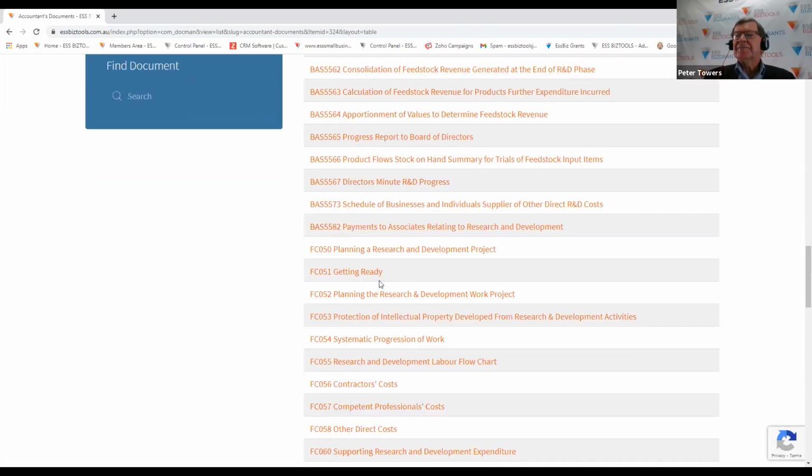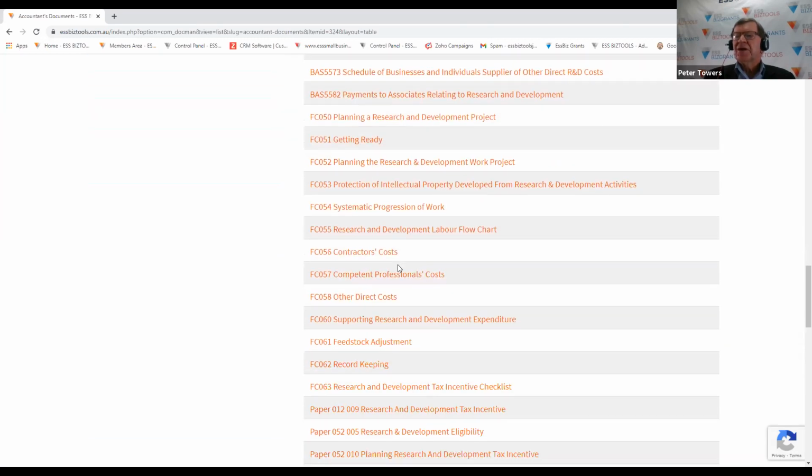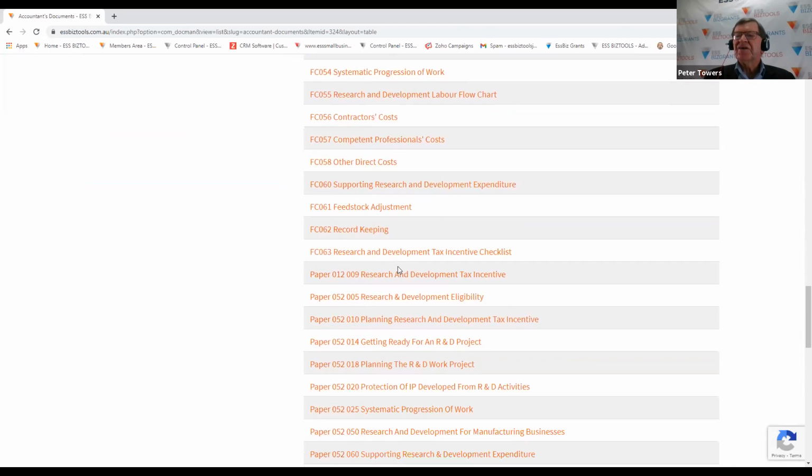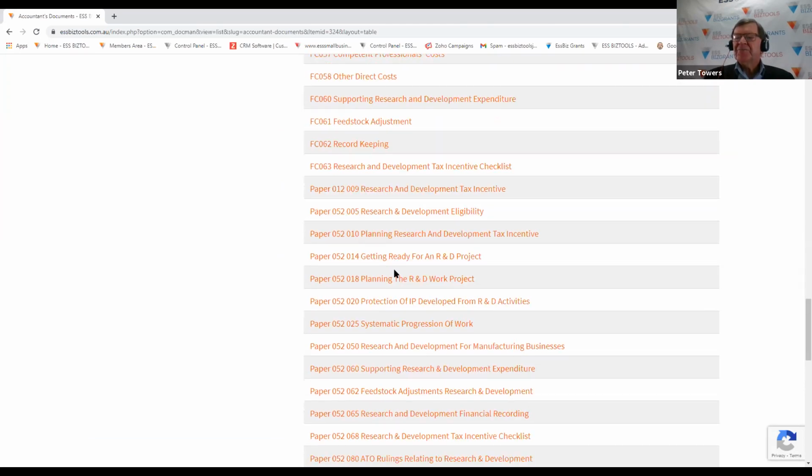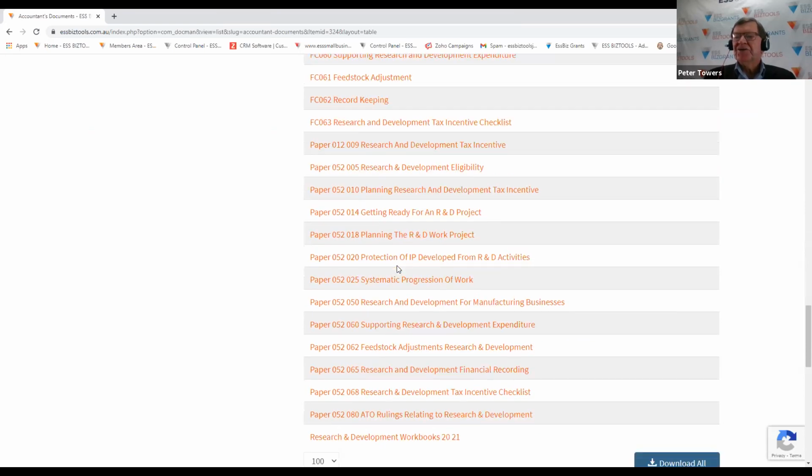So the first flowcharts now come up, FC050, planning a research and development project. We'll just go through to the end of those so you can see there are about 10 separate papers on various aspects of research and development that are part of this overall product package to give you an overview of how the whole system works.